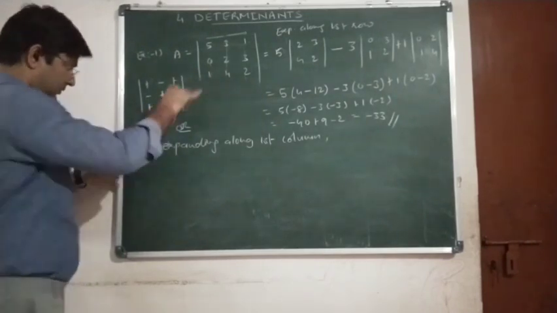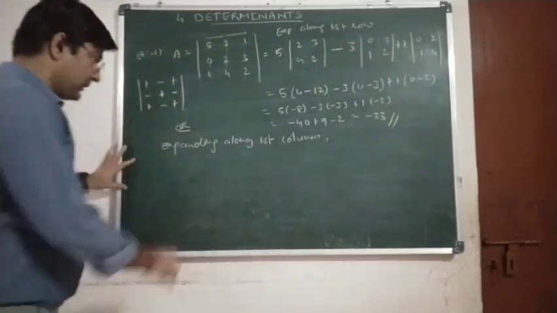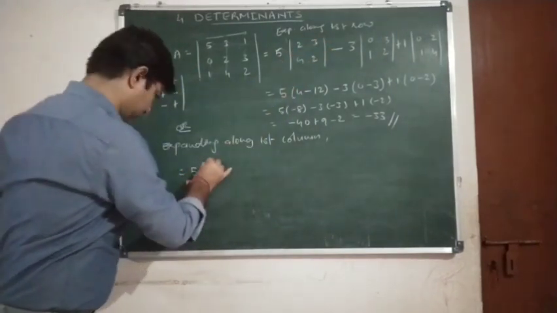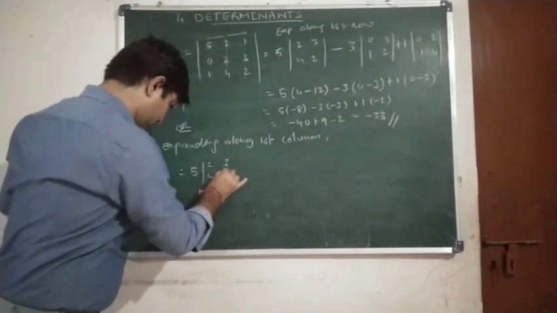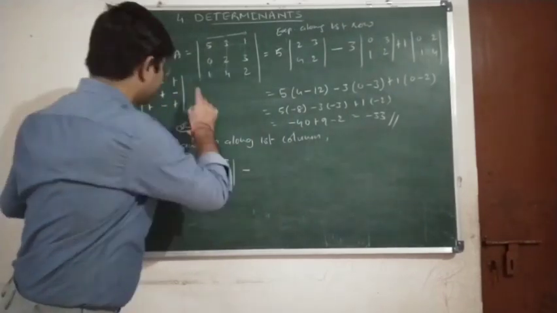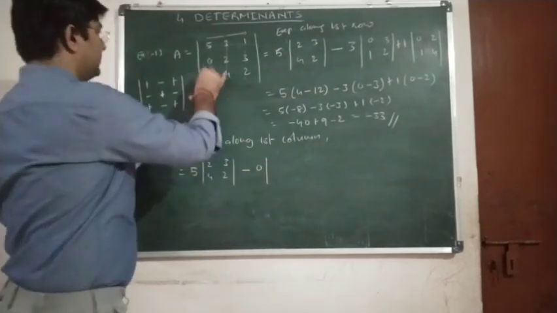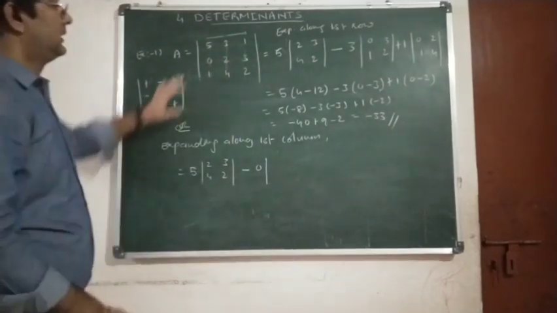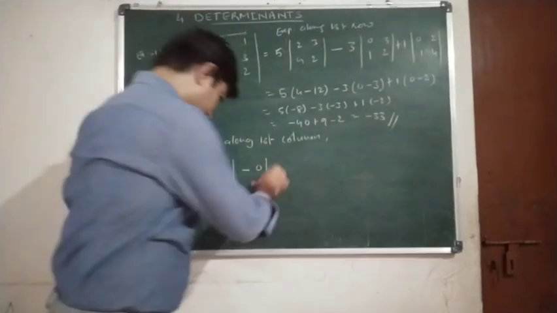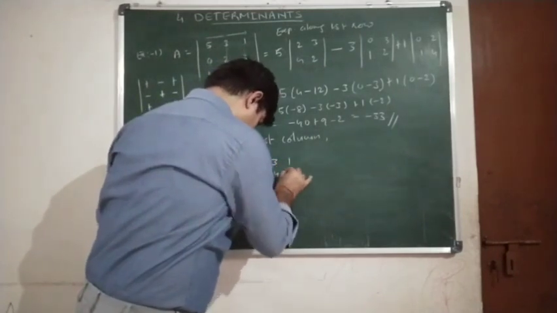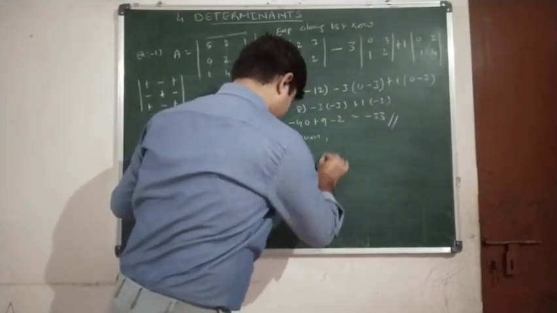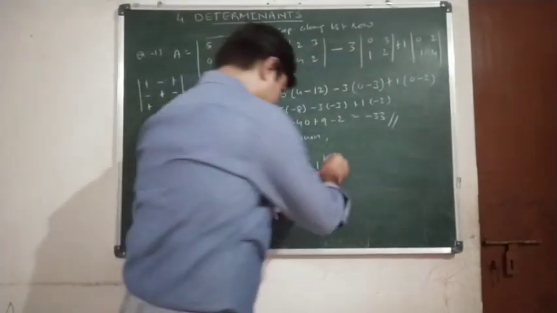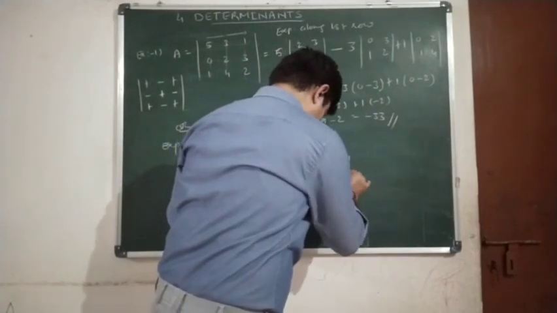So first element is plus only 5, so the same term will come over here. 5 into 2, 3, 4, 2, then minus 0 into, now eliminate row and column including 0. Second row and first column 3, 1, 4, 2, plus 1. Now third row and first column. So 3, 1, 2, 3.